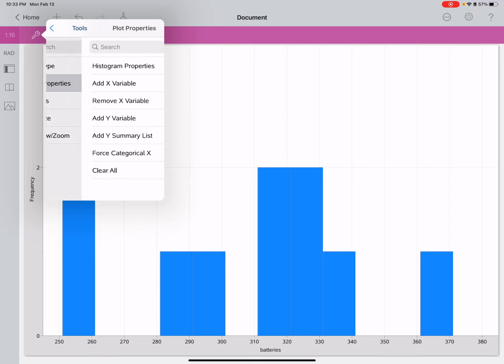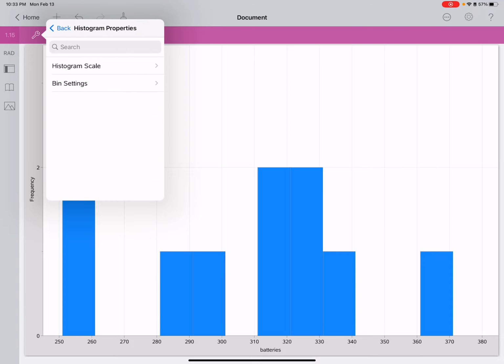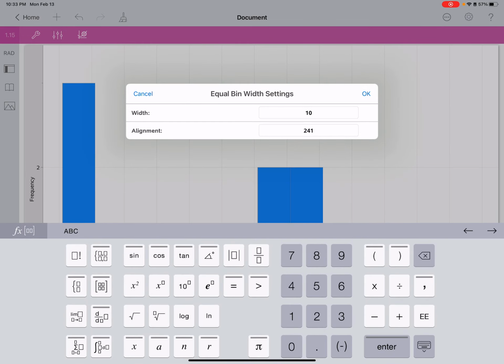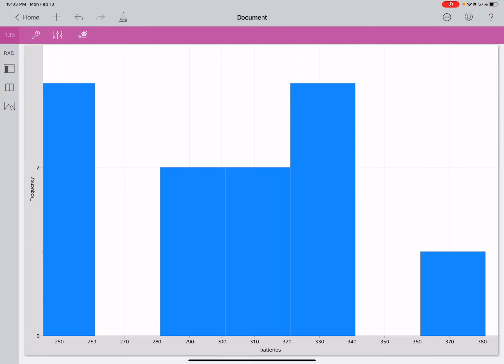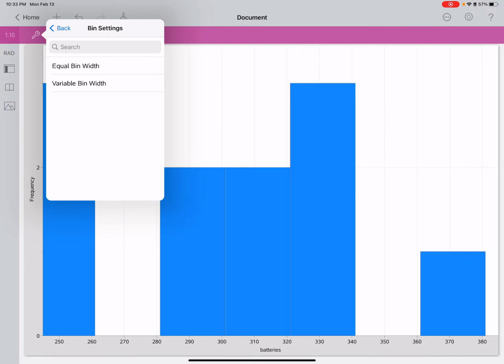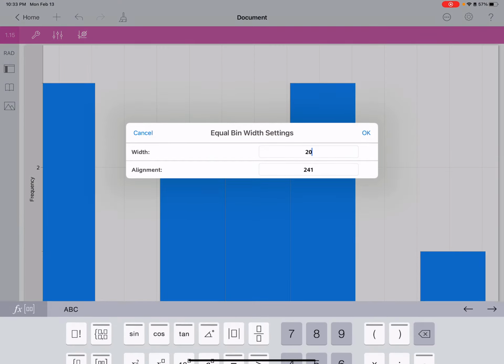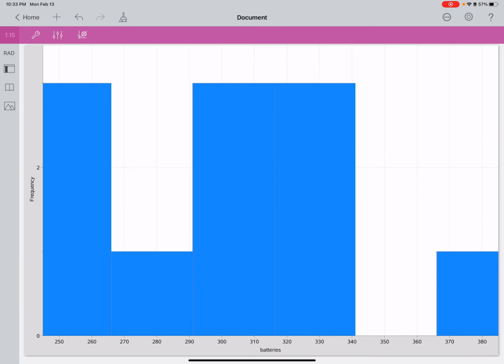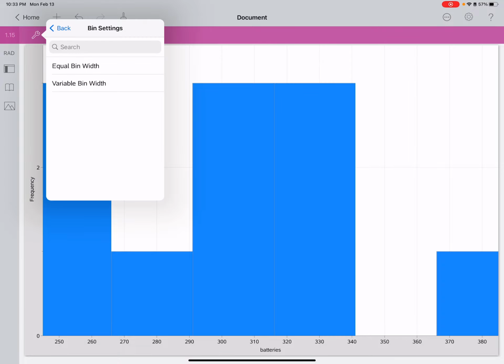Let's just fix it. Plot properties, histogram properties, bin settings, equal bin width. Let's change our width to 20. See how that does. Let's change it one more time. Equal bin width, let's change it to 25. There we go. Maybe even one more time.